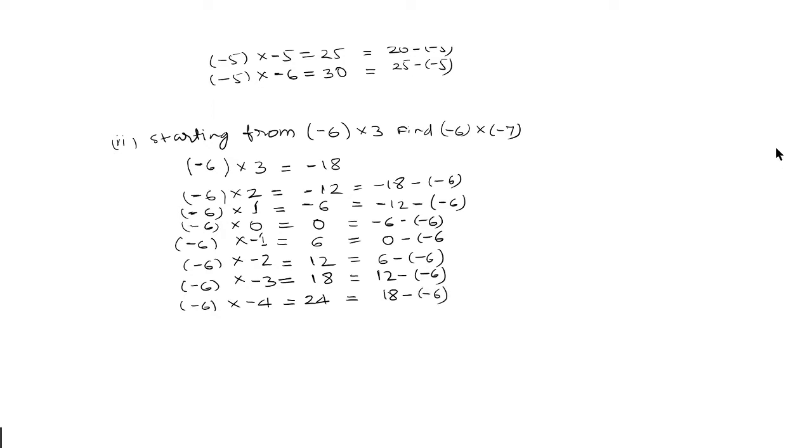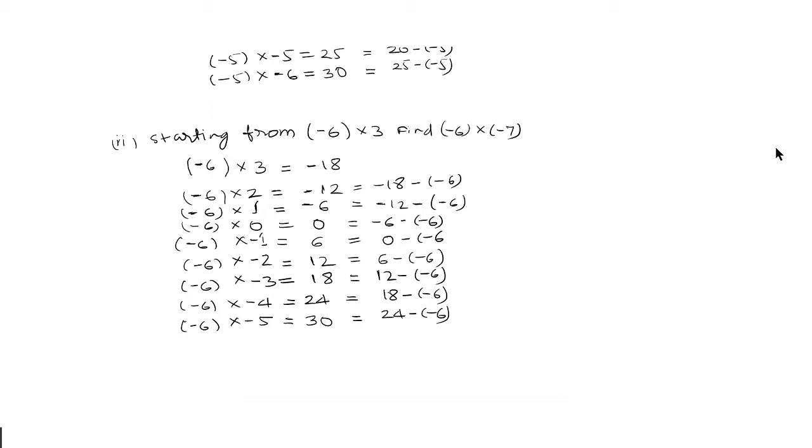Then minus 6 multiplied by minus 5, which is 30. We get it from 24 minus minus 6.